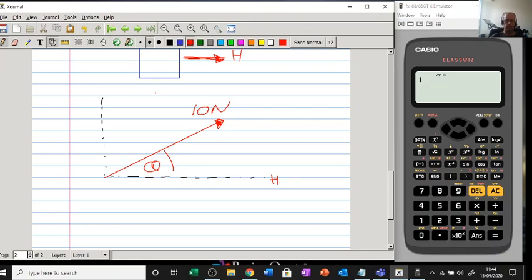Now this force has two forces that makes it the resultant. So this force will have a horizontal component. It'll also have a vertical component.